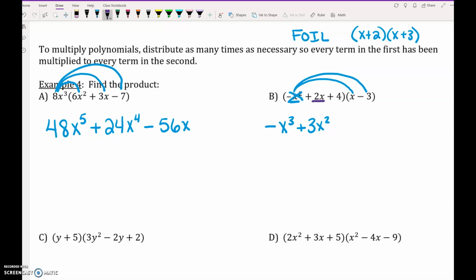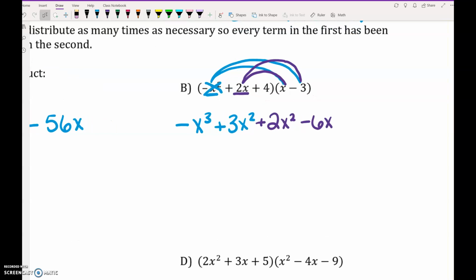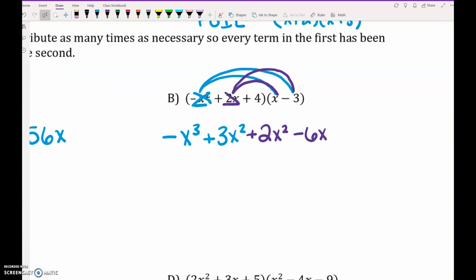Now we need to distribute the 2x. 2x times x is 2x squared. 2x times negative 3 is negative 6x. We're done distributing that one.